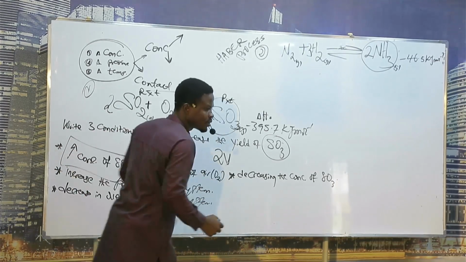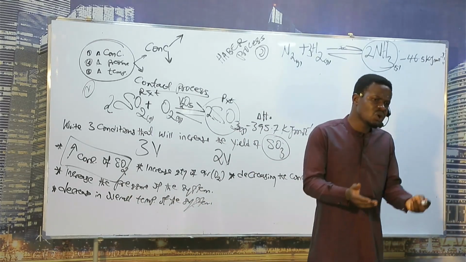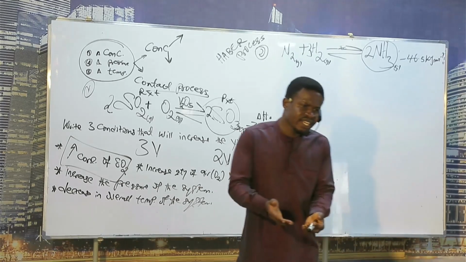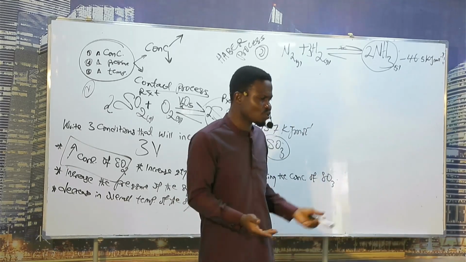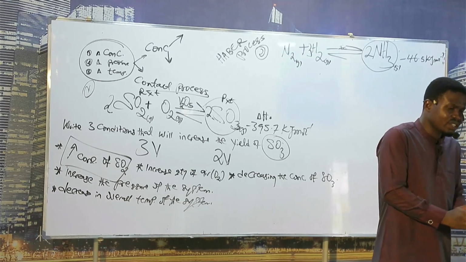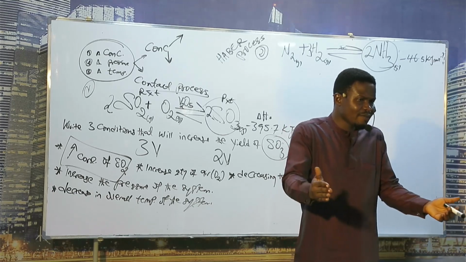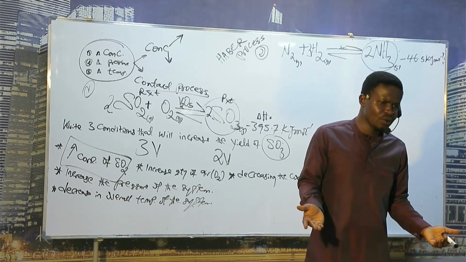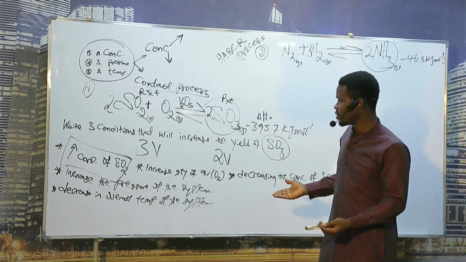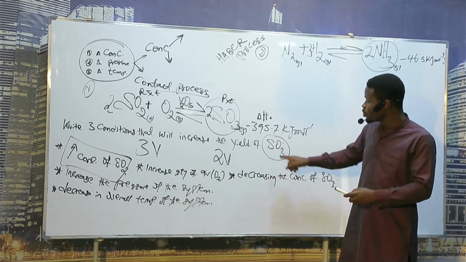Decrease in what? I need between 200, 400, and 450 degrees centigrade to achieve this, which is a very, very low temperature. So, what are the three conditions that will increase the yield of SO3?